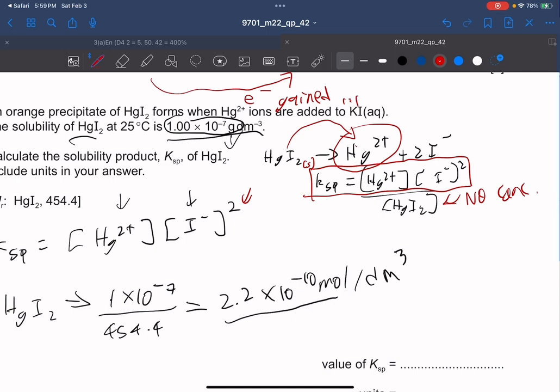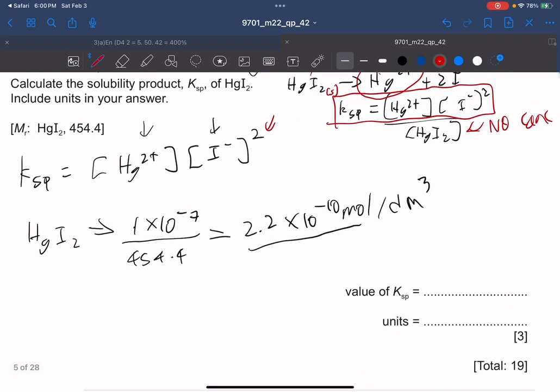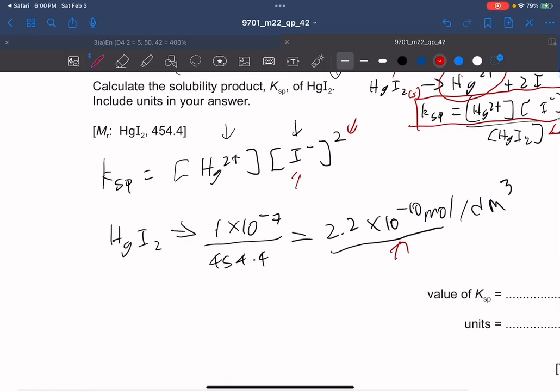That means that in 1 decimeter cube, you're going to find 1 mole of HgI2 dissolved. In 1 mole of HgI2, you also find 1 mole of Hg2+. So that means that we have a concentration of Hg2+ that is like this in 1 dm cube. Another thing that we have to figure out is then the concentration of I-.